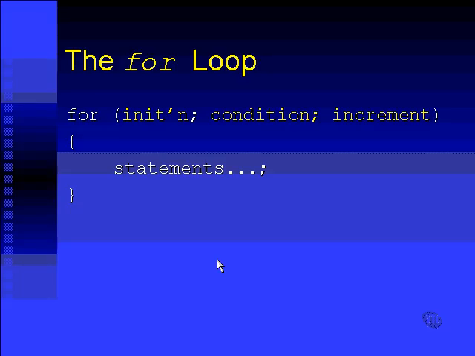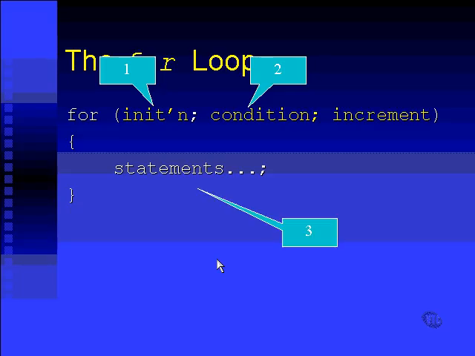So I'll summarize that and I'll add some numbers to this slide here. The very first thing that happens, the initialization happens. That's number one. The next thing that happens is the condition is checked. The next thing that happens is the statements are executed, but only if the condition is true. And immediately after the statements are executed, the increment is done.